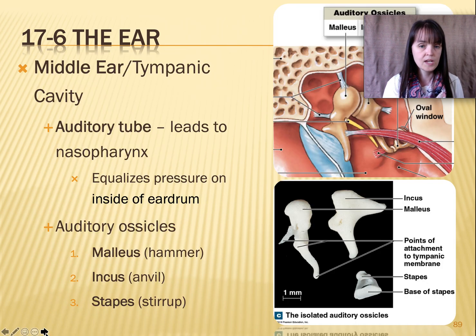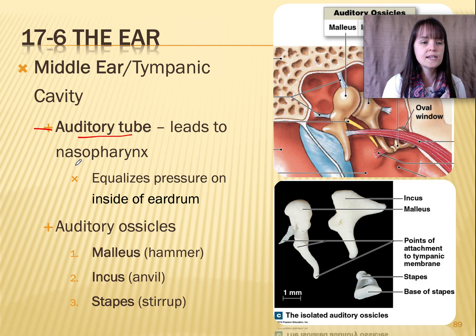So that's why. The auditory tube, again, it's what we learned as the eustachian tube, which is capital E because it was the guy's name. Names are proper nouns and we capitalize proper nouns. So the auditory tube leads to the nasopharynx.